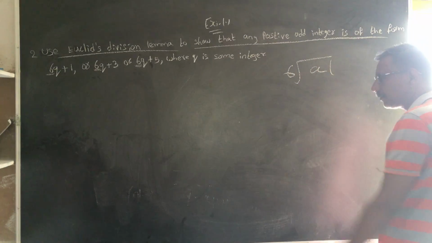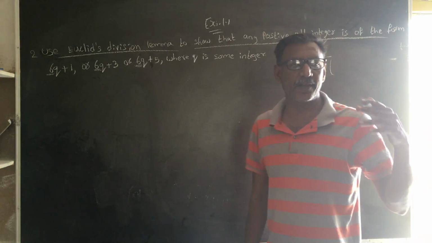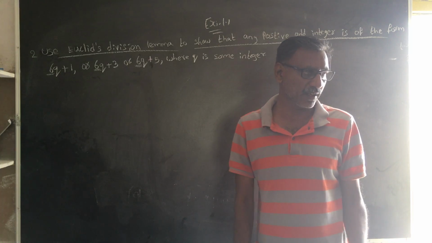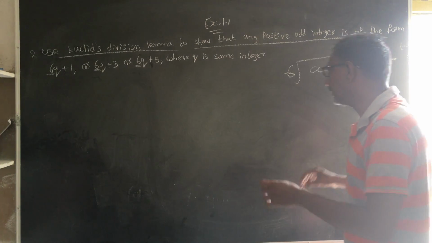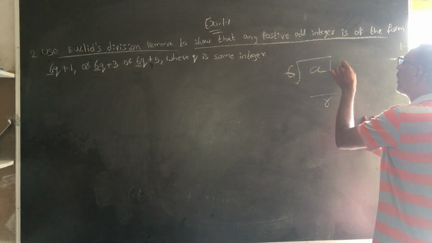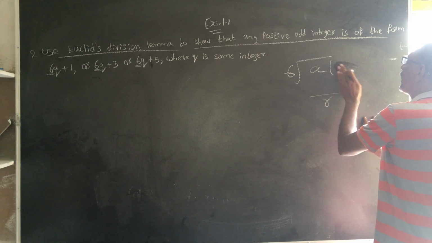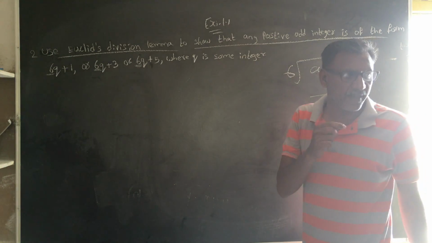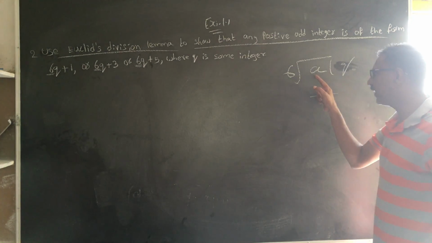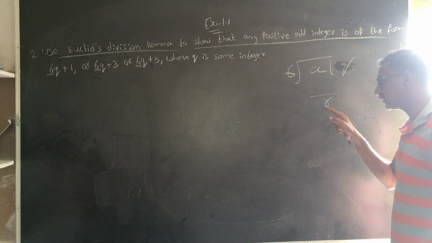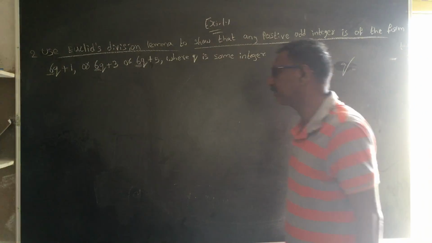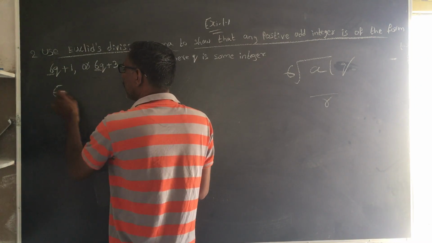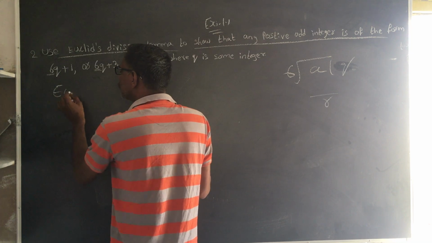We know that when any positive integer is divided by any other positive integer, it leaves some remainder and gives some quotient q. By the division algorithm, dividend is equal to divisor times quotient plus remainder. This is given by Euclid, right?